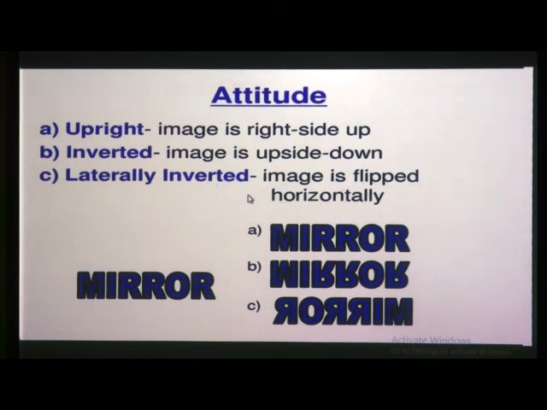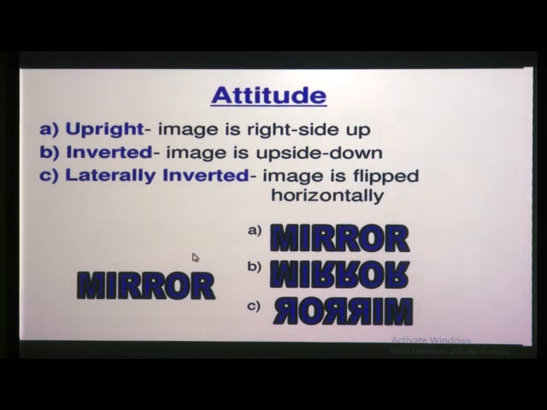Lateral means sides. While we see in a plane mirror, whatever distance there is between the mirror and the object, it will show the same distance between the mirror and the image.